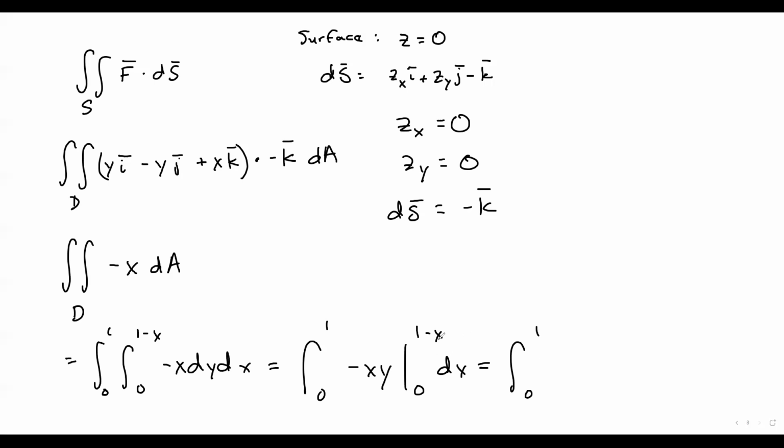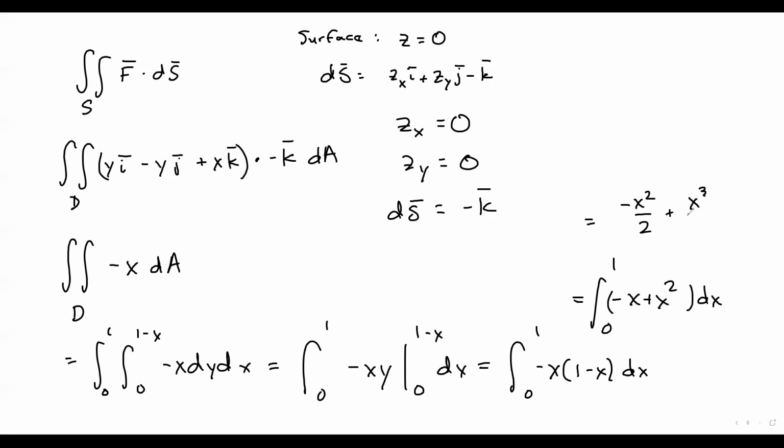Plug in 1 minus x, we get negative x times 1 minus x dx, plug in 0, you get 0, right? We can multiply this out: negative x plus x squared dx. So we're going to get negative x squared over 2 minus x to the third over 3.